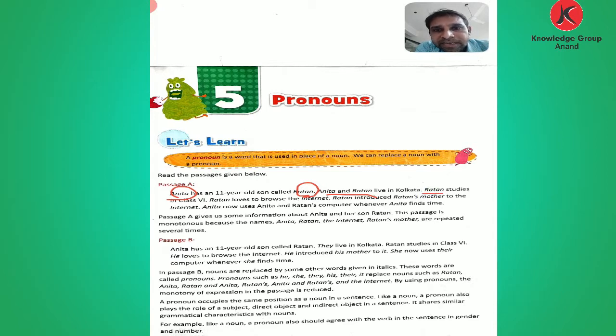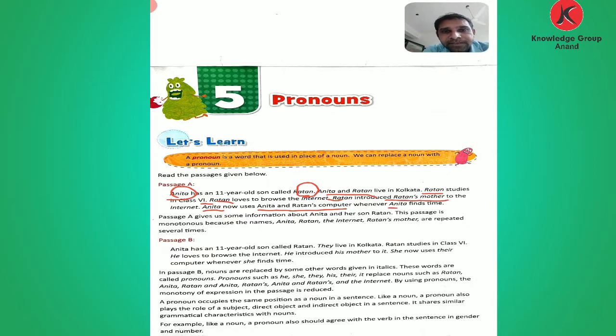Ratan studies in class 6. Ratan loves to browse the internet. Ratan introduced Ratan's mother to the internet. Anita now uses Anita and Ratan's computer whenever Anita finds time.